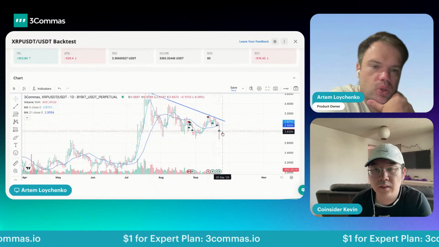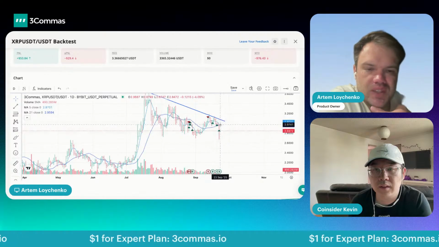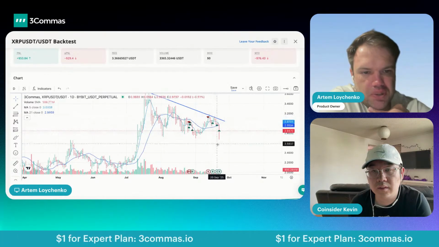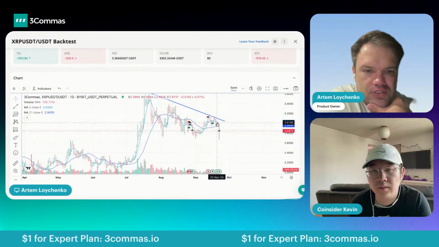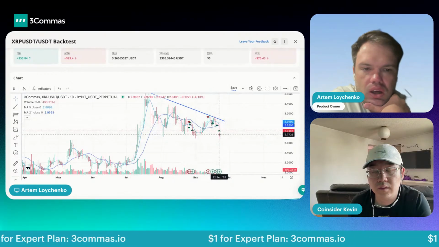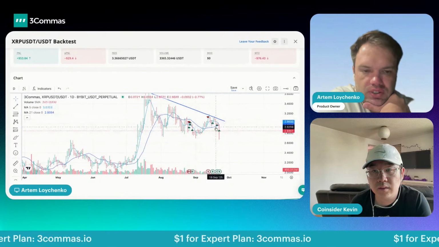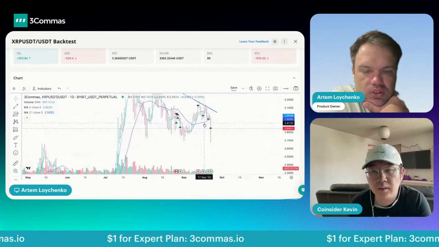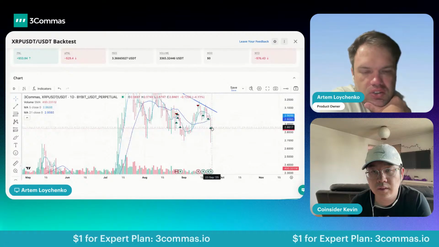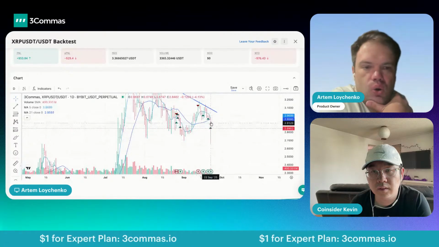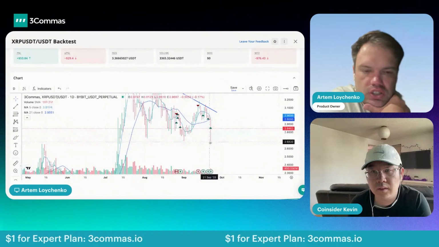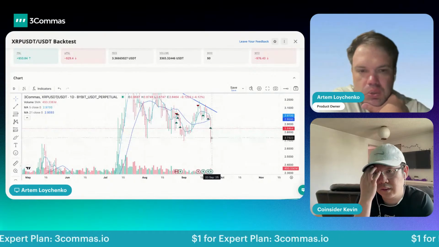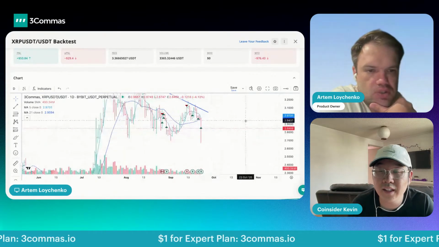Just looking at this part and then at this part, would you love your entry point to be lower, or are you fine with how it averaged down? And in this particular situation, would you love to be stopped out earlier, or continue averaging down all the way here? What's your position on this type of strategies?